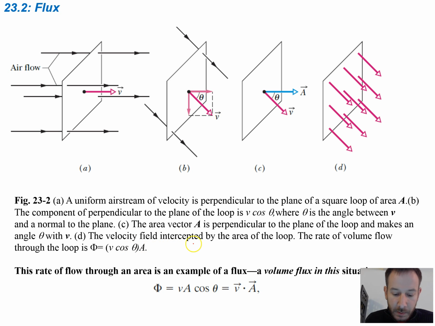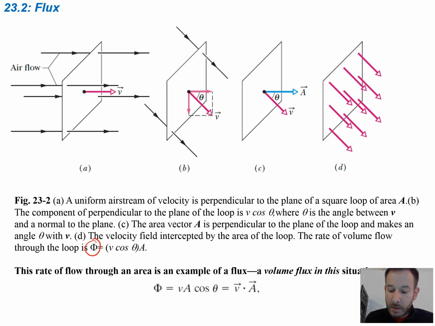The velocity field is intercepted by the area of the loop, and the rate of volume flow through the loop is given by capital Phi equals v cosine theta times A. So what are we talking about here? This rate of flow through an area is an example of flux.